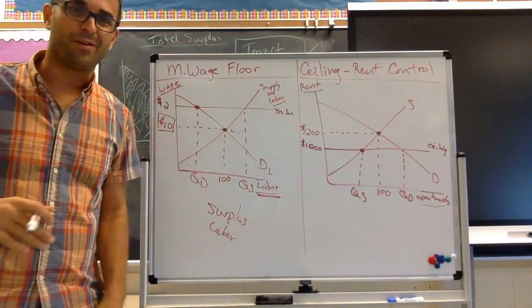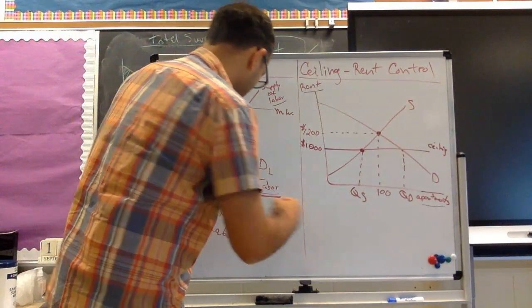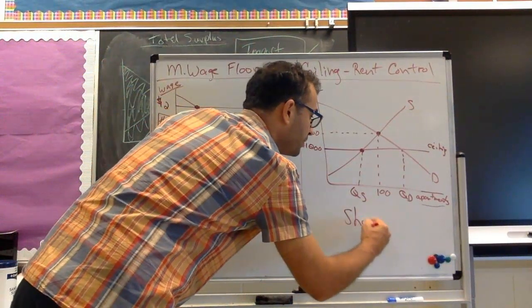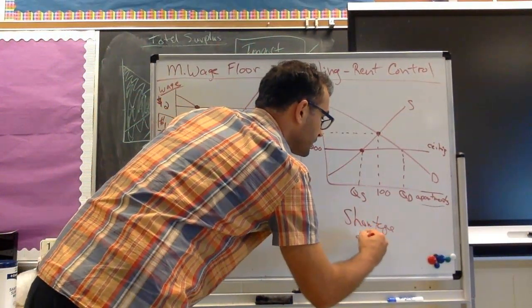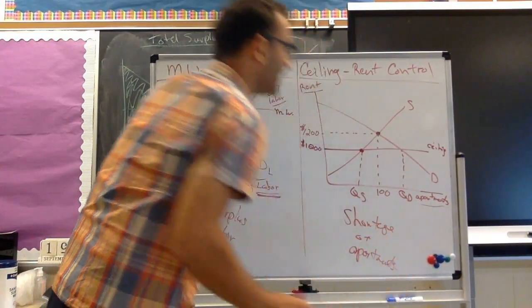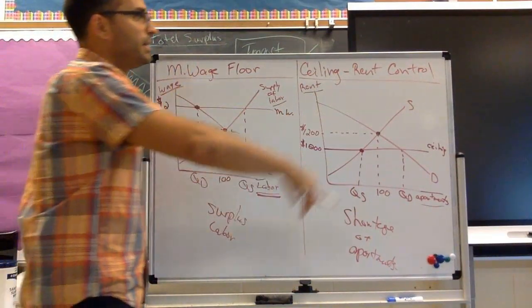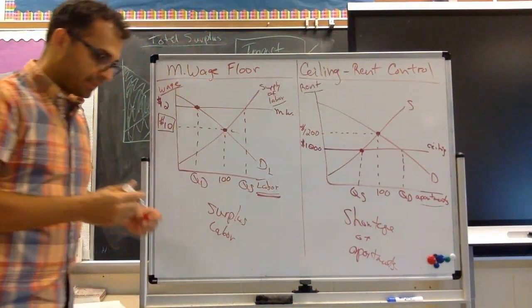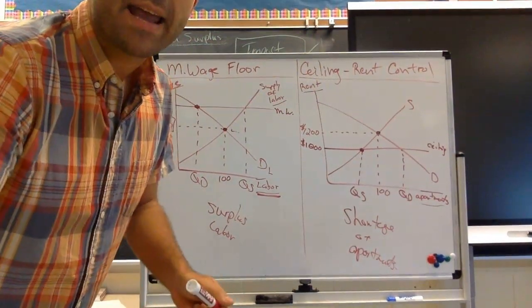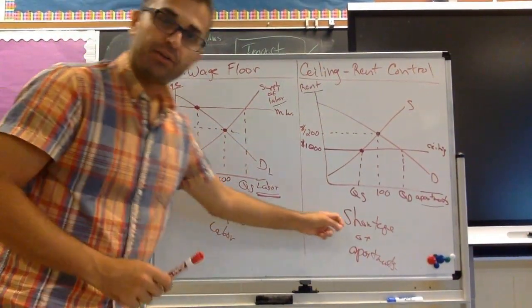I'll just give it to my nephew, and I'll let him live here for free. It's better for me. So here you have not a surplus, but a shortage of apartments. And so the argument, in most economics textbooks, is that minimum wage, price floors, rent control, price ceilings, they create an inefficiency in the market, and they create surpluses and shortages.